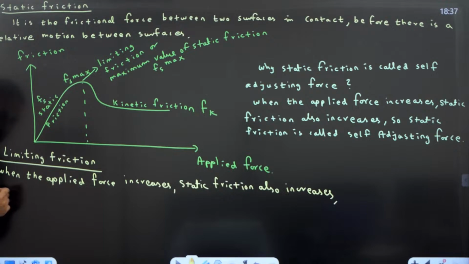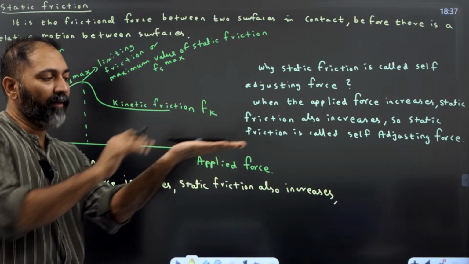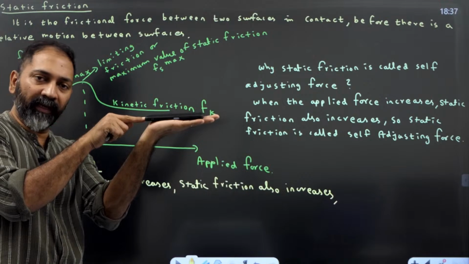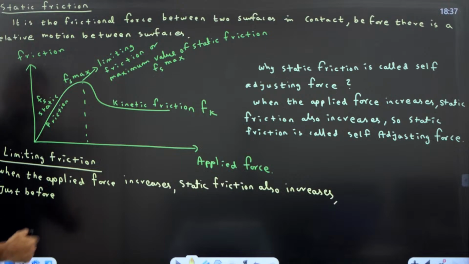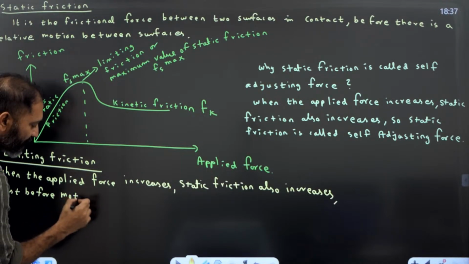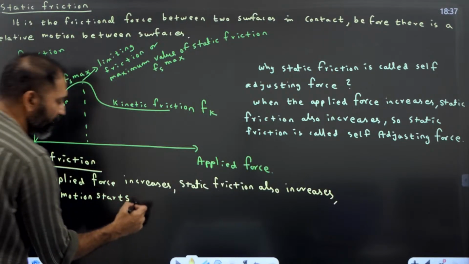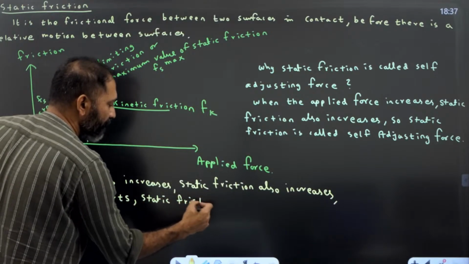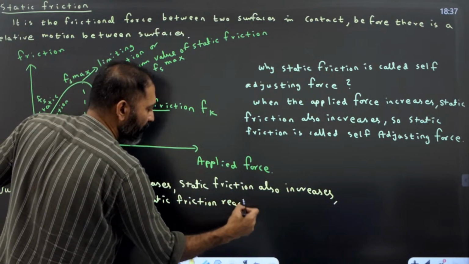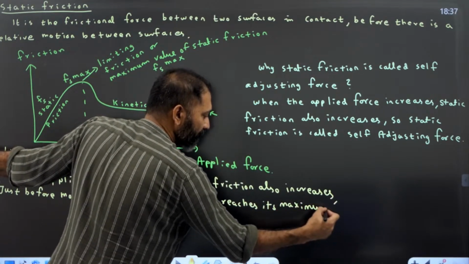Now, just before the motion starts, see again, I am placing my mobile on my hand and increasing the applied force. Static friction also increases. Just before motion starts, static friction reaches its maximum value.